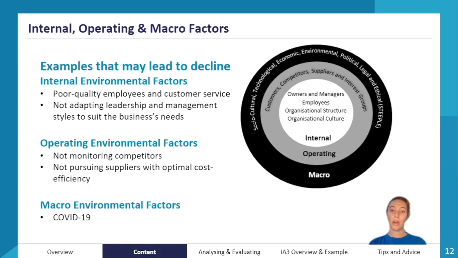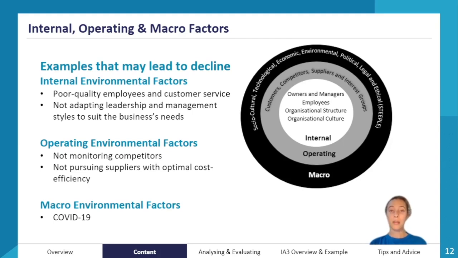Operating is more of the outside, I suppose, where it is the walls of the building. You've got customers, competitors, suppliers, and interest groups. All of the different people who make the business go around are going to be influencing decisions and the way that the business can operate.